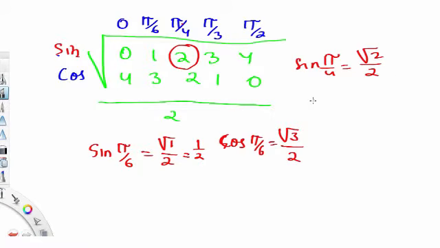How about something like sine of 7 pi over 4? Because there is pi over 4, it's going to be the same thing as sine of pi over 4, so it's going to be square root of 2 over 2. However, it's either going to be positive or negative. It depends on what quadrant you are in.